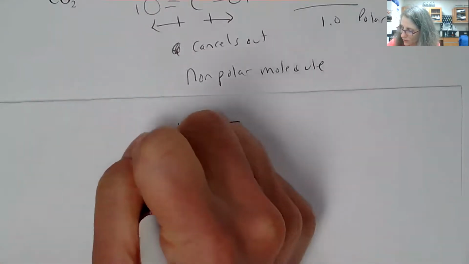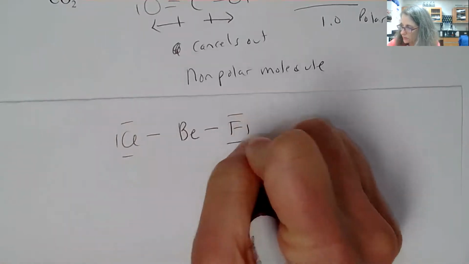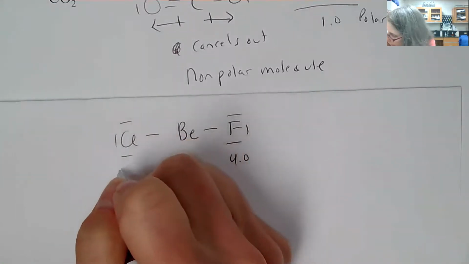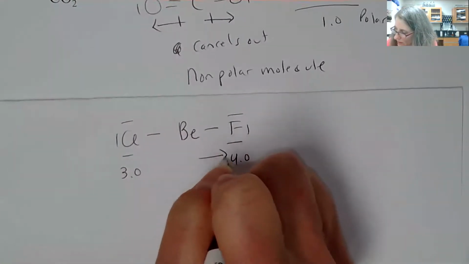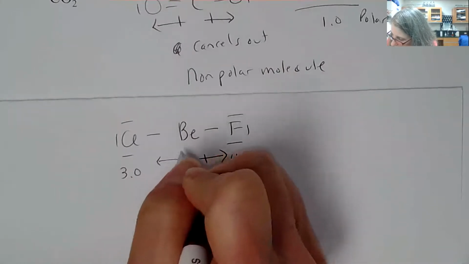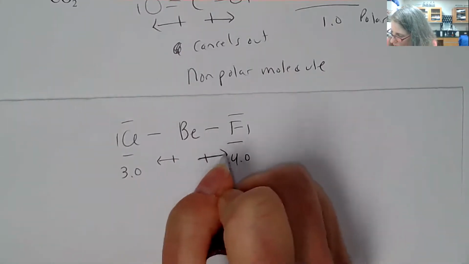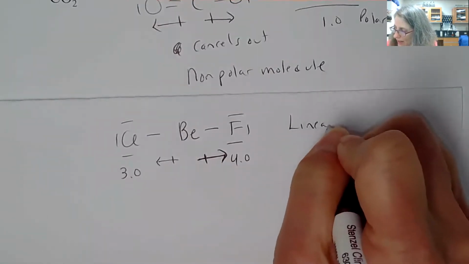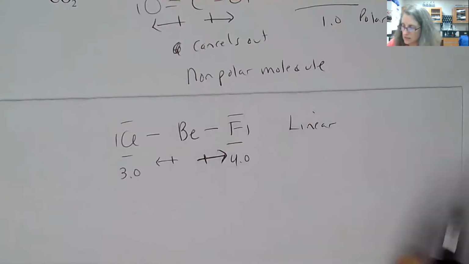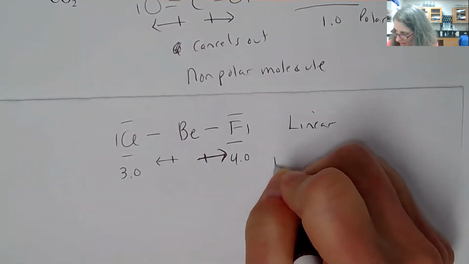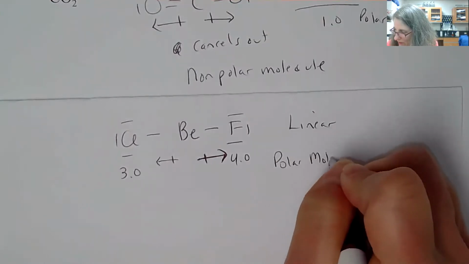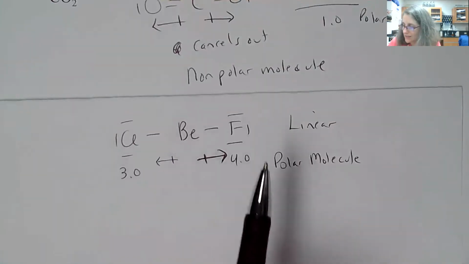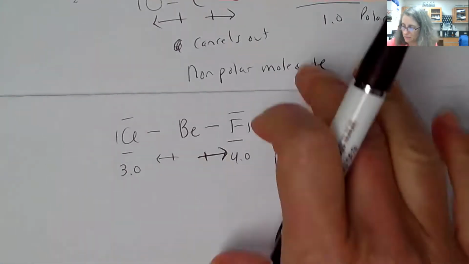If I had fluorine on one side and chlorine on the other, and fluorine has an electronegativity of 4 and chlorine is 3, fluorine is going to be a bigger vector than the chlorine. So this is going to be a longer arrow as a way for you to kind of see that. So it is a linear shape, but because the fluorine is different than the chlorine, I then have what we call a polar molecule, even though traditionally that shape of linear is going to be non-polar. So anytime I have something different attached, that's going to make it polar.